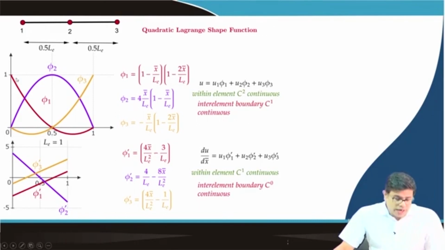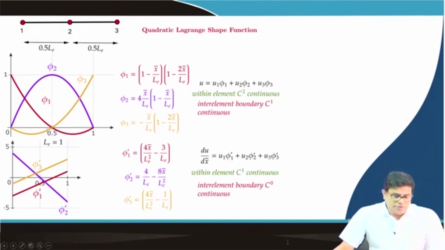Now how will this polynomial look? That's the quadratic polynomial. The red one, if you see, follows the same property that we discussed in the last class, the Kronecker delta property: it will be 1 at node 1, and at the other two nodes it will be 0.